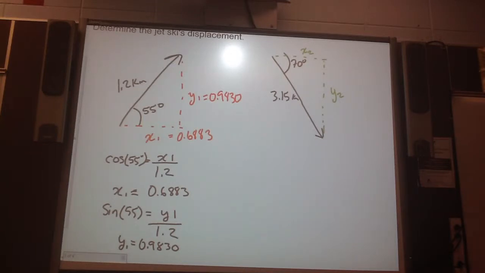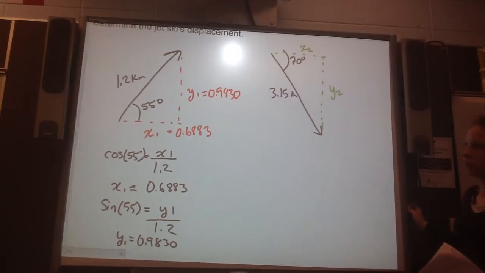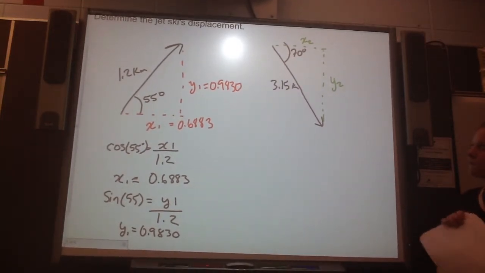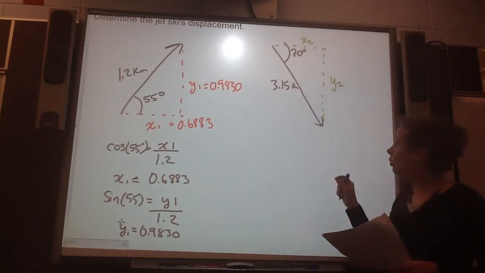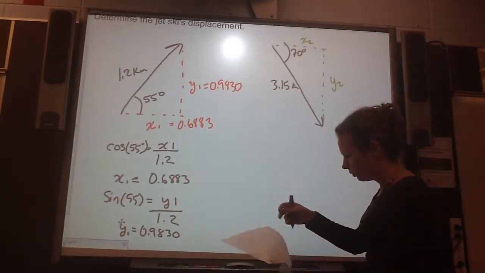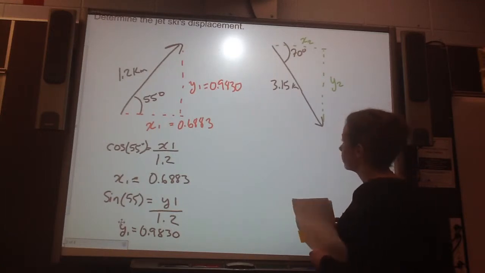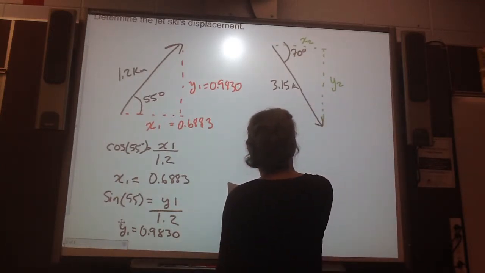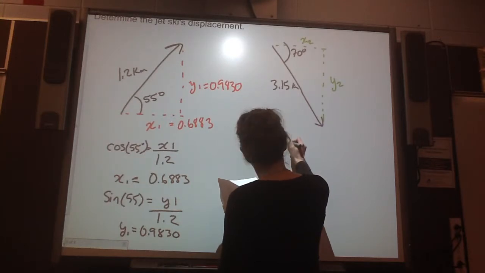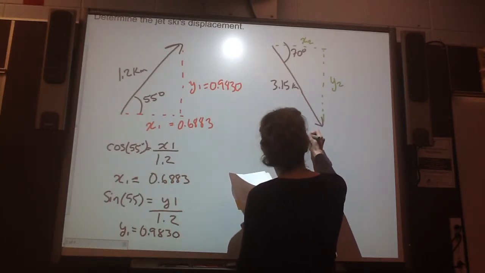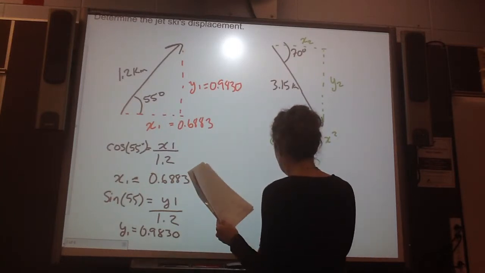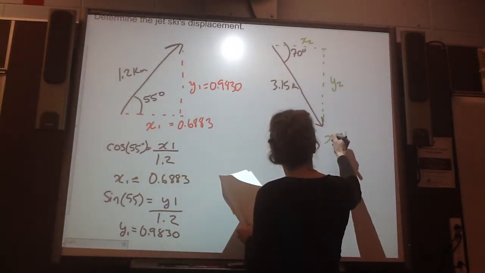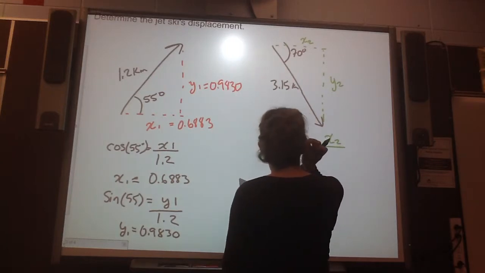So you find the x and your y for your first vector, and then your x and your y for your second one. So to find x2, you can use cos.